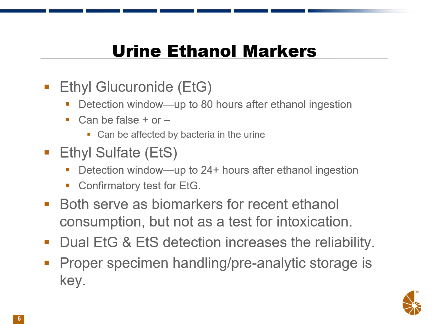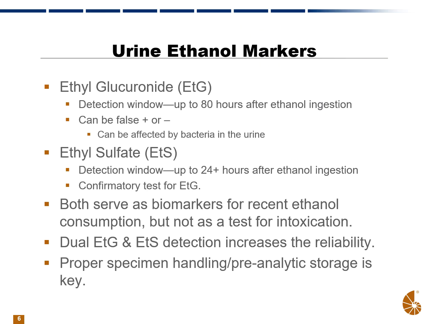But there are also urine ethanol markers, and that's what we want to talk about in this video. There are two of them. The first one is called ethyl glucuronide, abbreviated ETG. It has a detection window of up to 80 hours after ethanol ingestion.